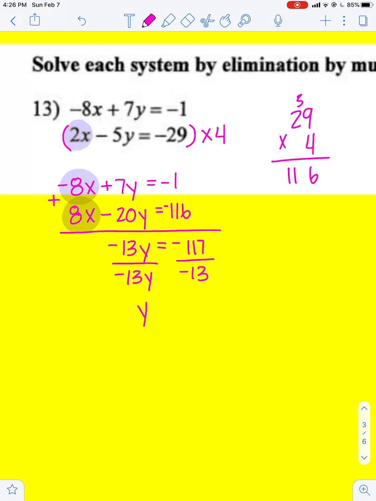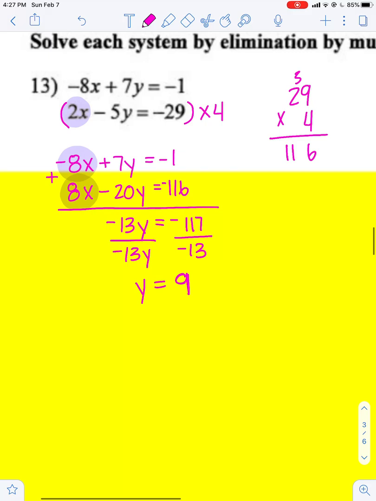Okay, and then this is going to give me y is equal to 9. And then from here, I'm just going to solve for x just like normal. So I'm going to use negative 8x plus 7y is equal to negative 1. So it would be negative 8x plus 7 times 9 is equal to negative 1.